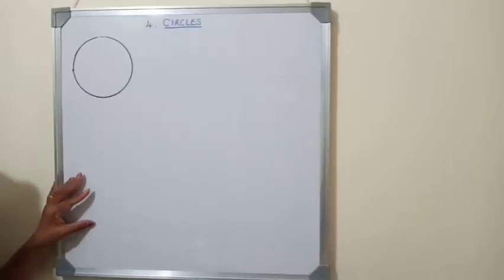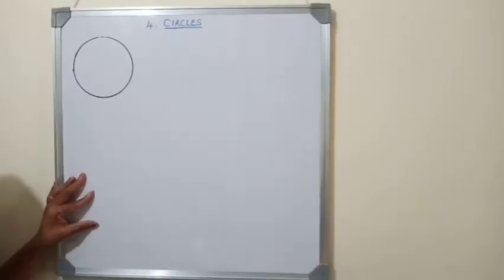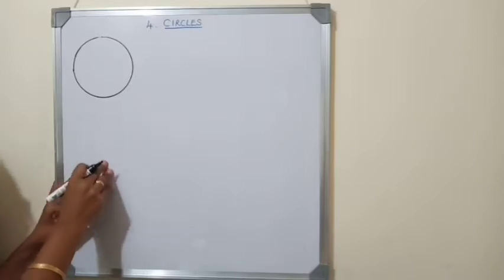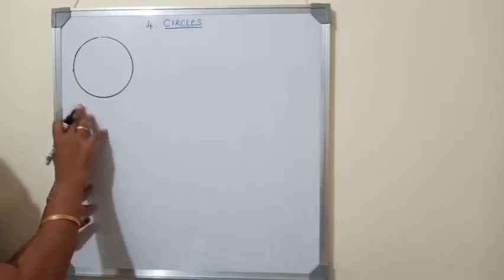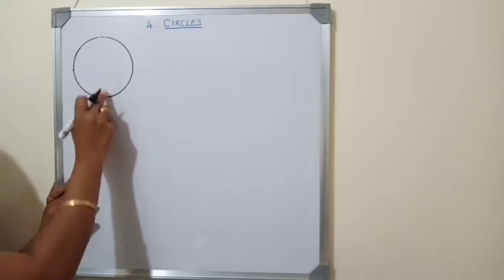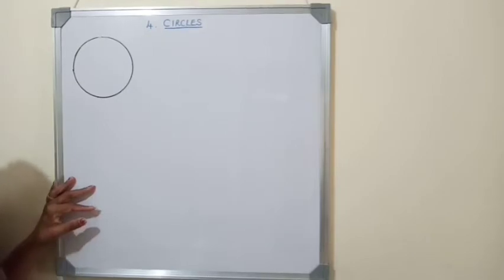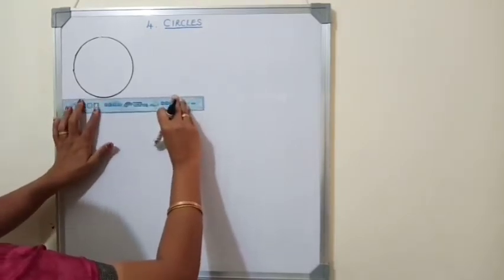Now we will learn a very simple theorem related to tangent. In your textbook, it is theorem 4.1, fourth chapter, first theorem. The theorem says that in a circle, if we draw the tangent, the radius and the tangent are perpendicular to each other. So we'll draw a tangent.